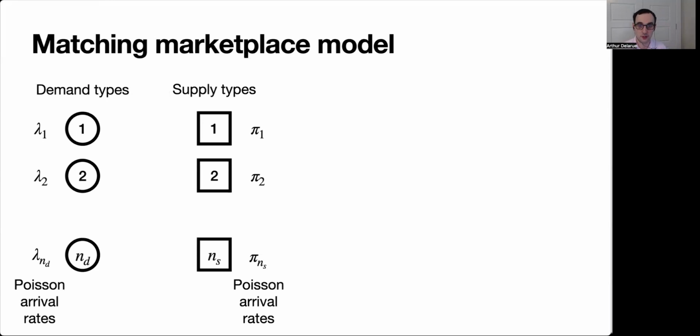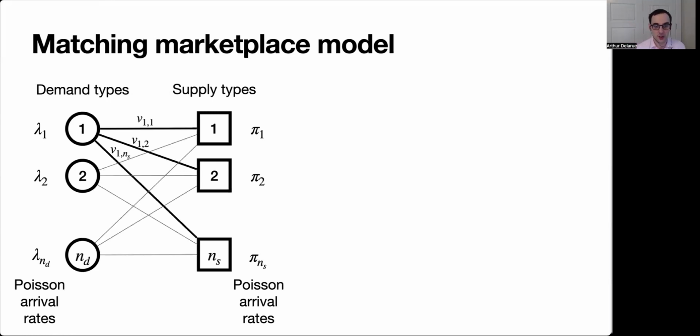On the other side of the marketplace, we're going to have some different types of supply, and their arrivals are also going to be Poisson distributed. We're going to assume that we have a value of matching demand type I to supply type J, and we're going to denote that value by V.